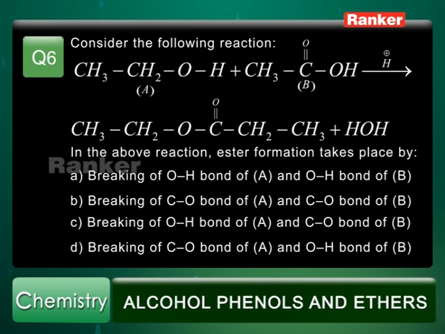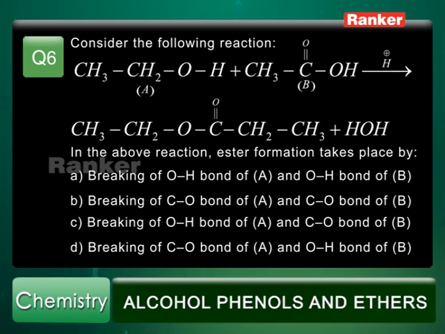Breaking of OH and breaking of OH, both are wrong. Breaking of CO and breaking of CO, both are wrong. In the third case, one is OH breaking, one is CO breaking. So this may be the right one here. Breaking of OH of the alcohol and breaking of CO of the acid is right.